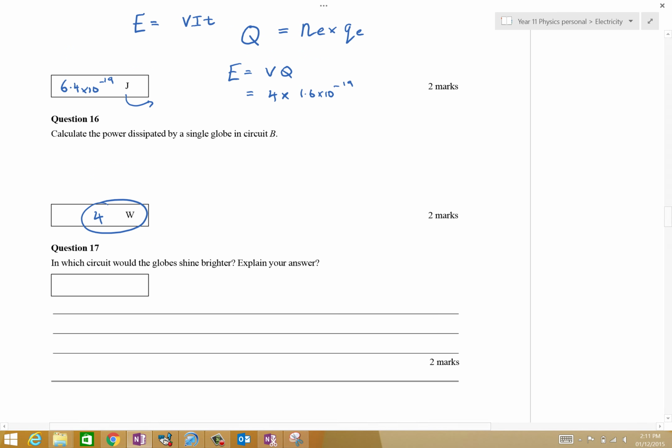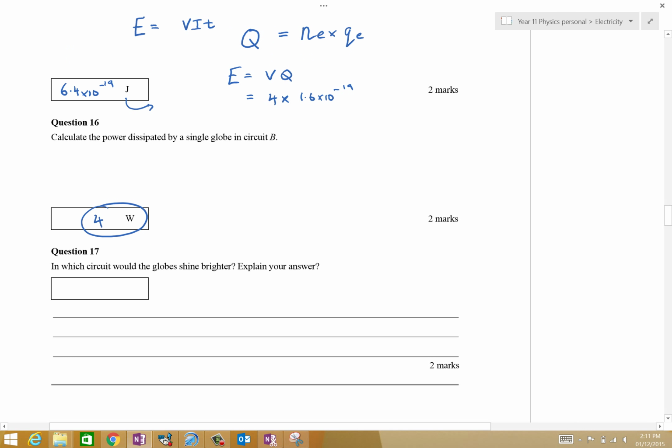So circuit A, since the power across each globe is 36 watts, this compares to, didn't we have 4 watts for each? This compares to 4 watts for circuit B.